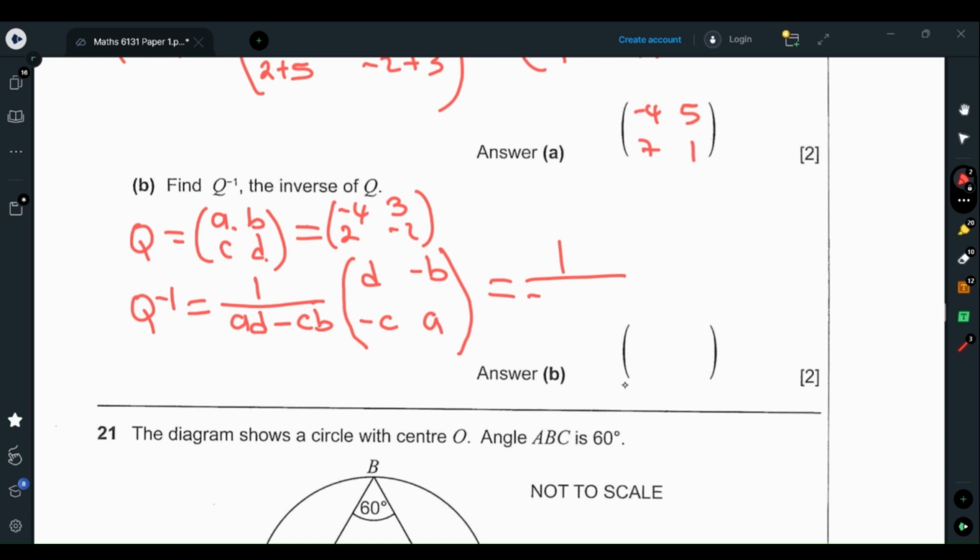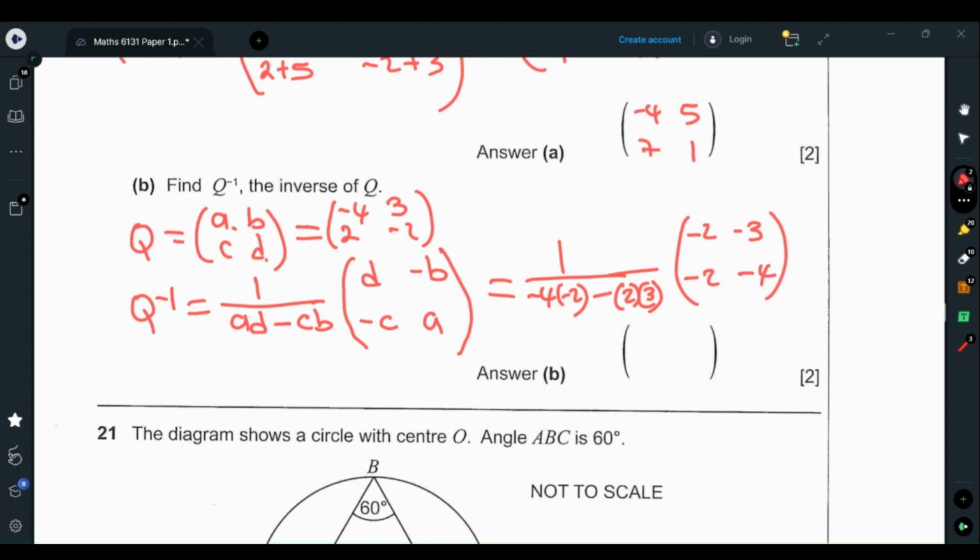A is minus 4, minus 4 times minus 2, minus what is C? C is 2, multiplied by what is B? B is 3. Everything multiplied by what is D. D is minus 2 and B will now become minus 3, and C will become minus 2.